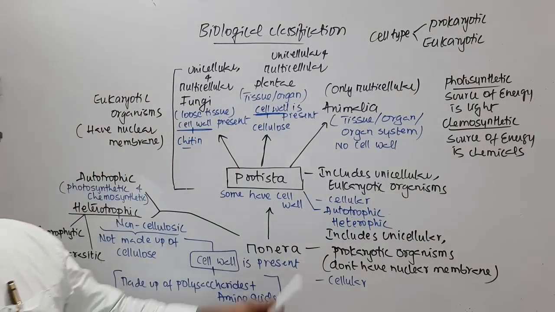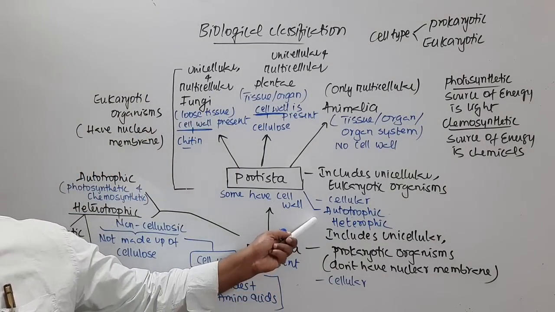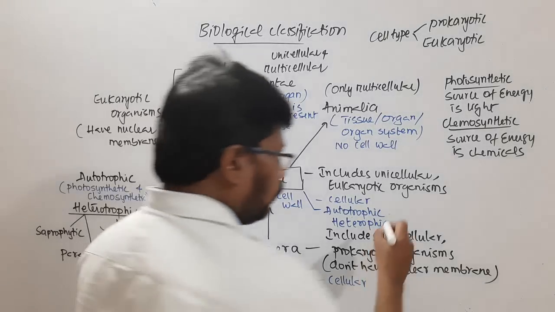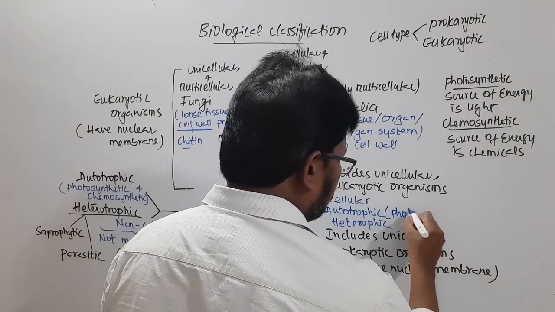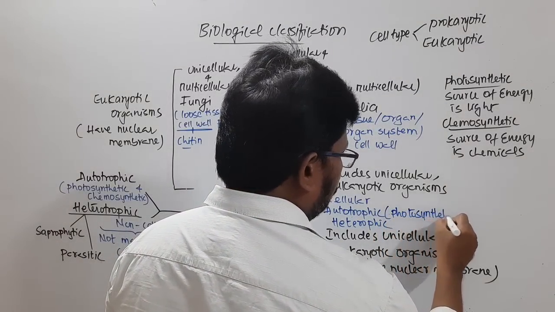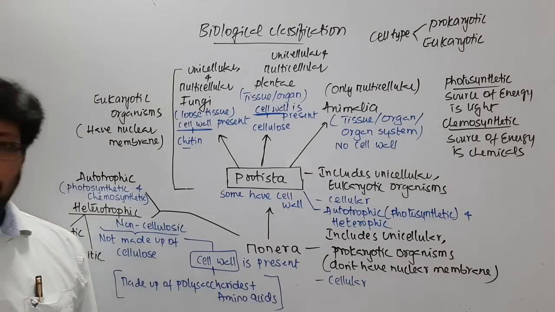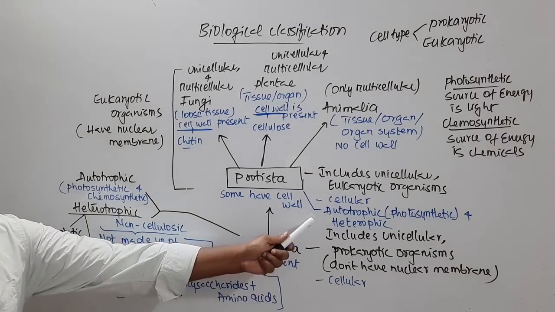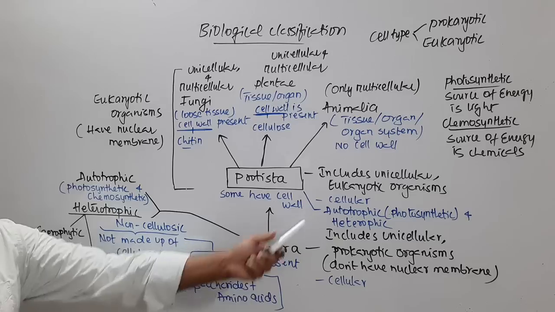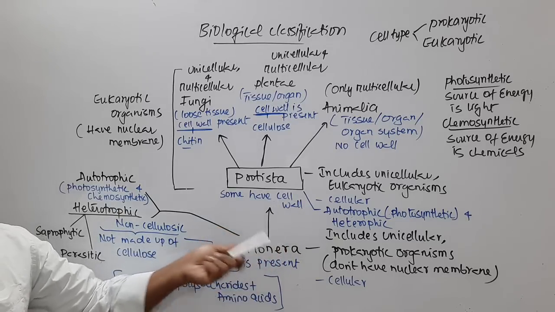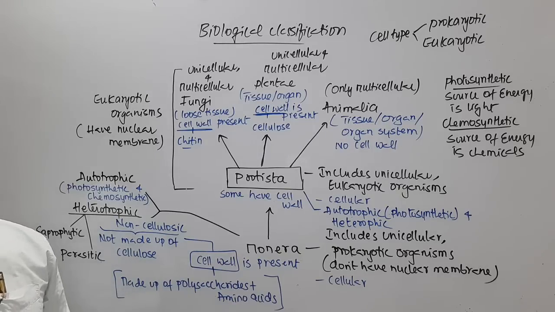Here under autotrophic mode of nutrition, we will be seeing only the photosynthetic. It means that Monera and Protista, both of them will show autotrophic as well as heterotrophic mode of nutrition with slight changes in its types.